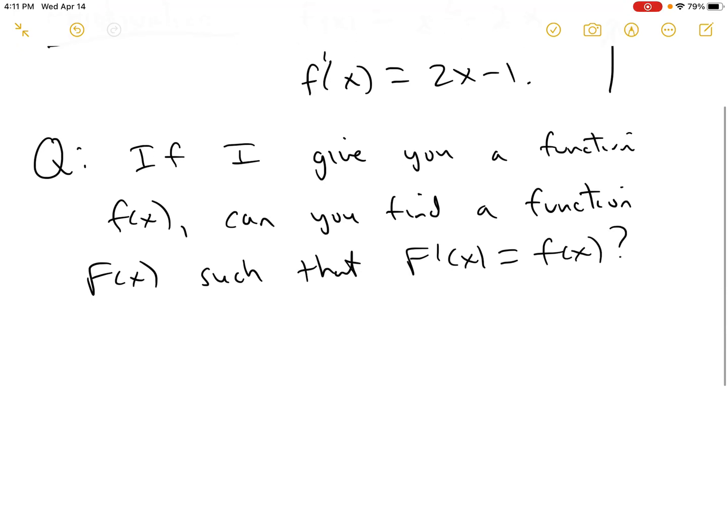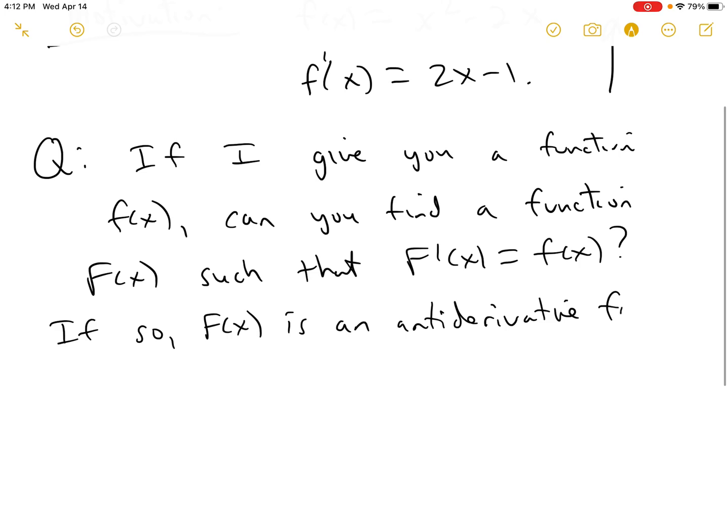If so, capital F of x is an antiderivative for little f. Right? And when I said an antiderivative, it's because they're not unique. And I'll explain why in a second.